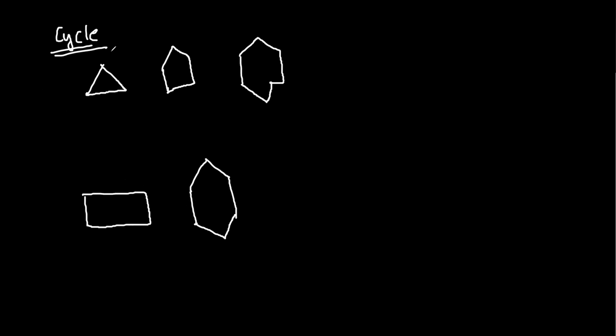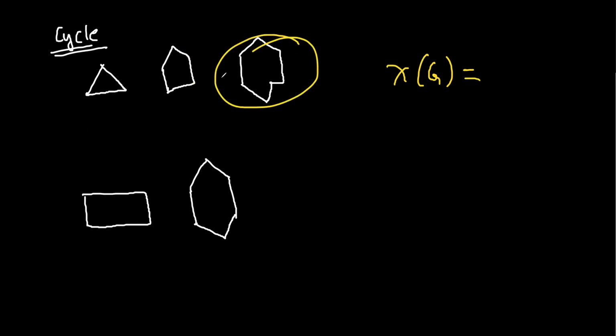Tell me. What is chromatic number of this? What is chromatic number of this? 5. How 5? Blue, na? 3 colors you can use. What is the chromatic number of this? Are 2, how? Red.